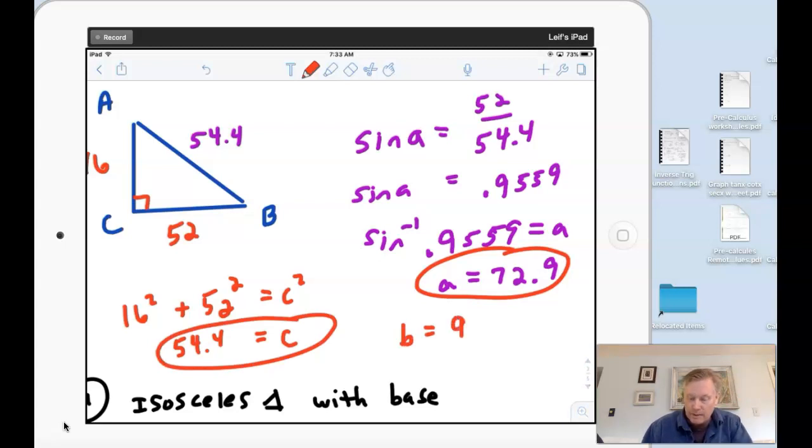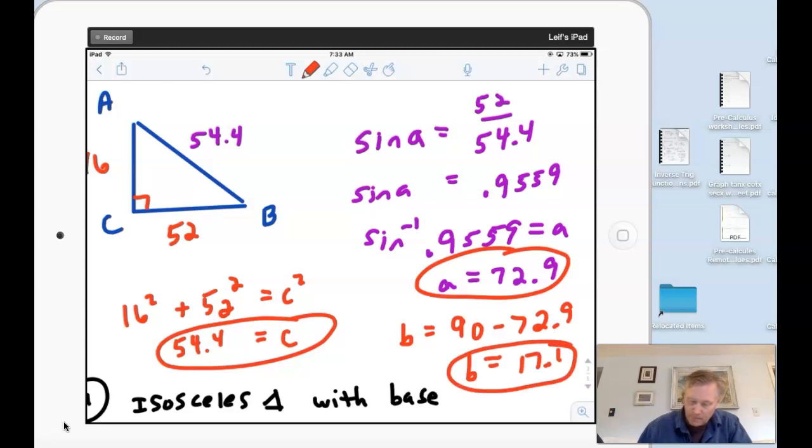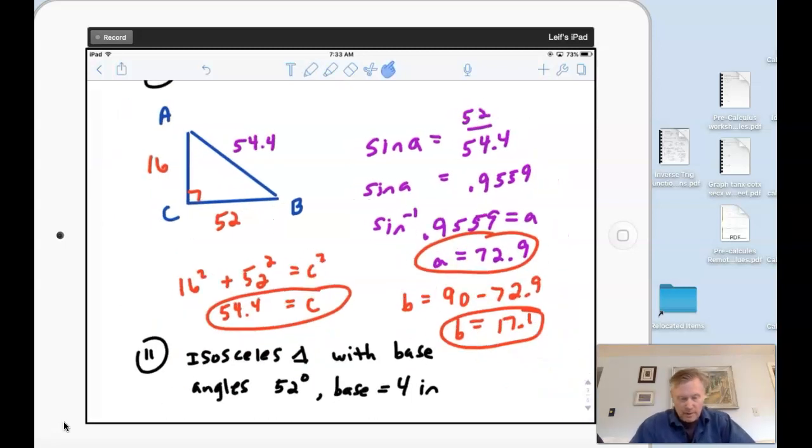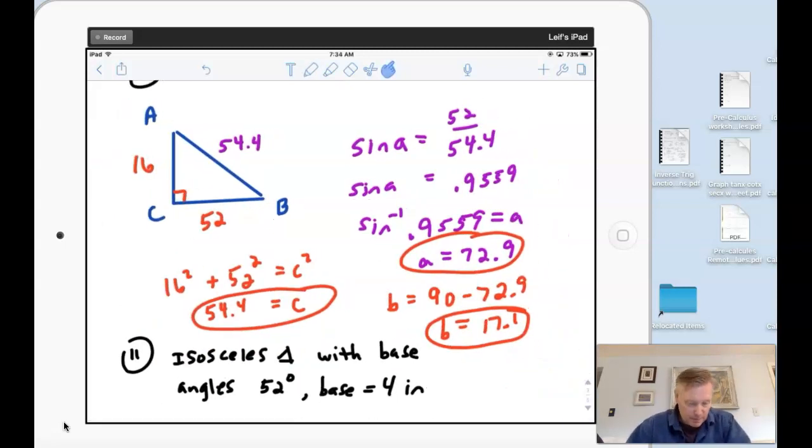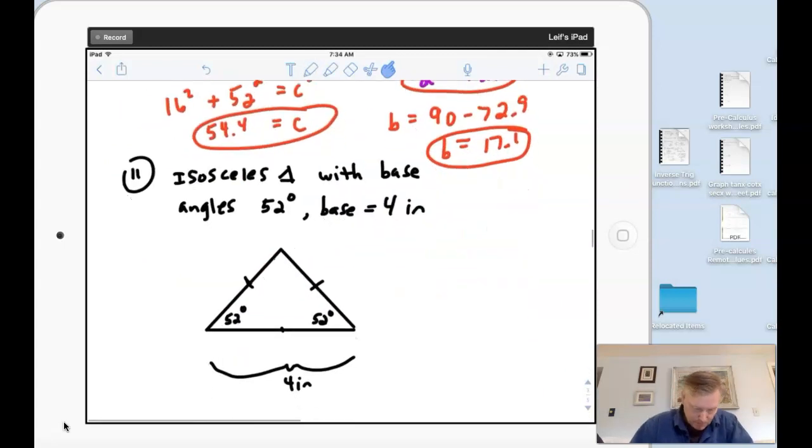Just go 90 minus 72.9, because remember, that's the inside of a triangle. If angle C is 90 degrees, then A and B have 90 degrees left for them. So if that's 72.9, then the other one's got to be 17.1 when you subtract. Now I've got all the angles and all of the sides. I'm done with that problem.